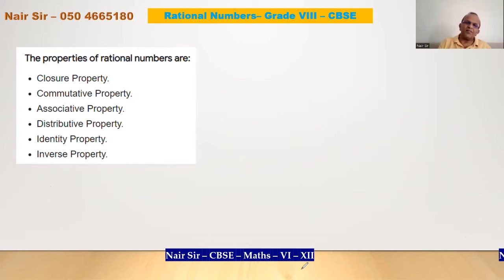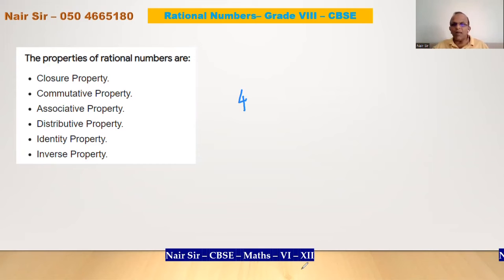Going further, identity property. You have got an identity. I'm talking about a number now. I have got a number. Identity of this number is 4. What is it that I can add to this number so that the number doesn't change?